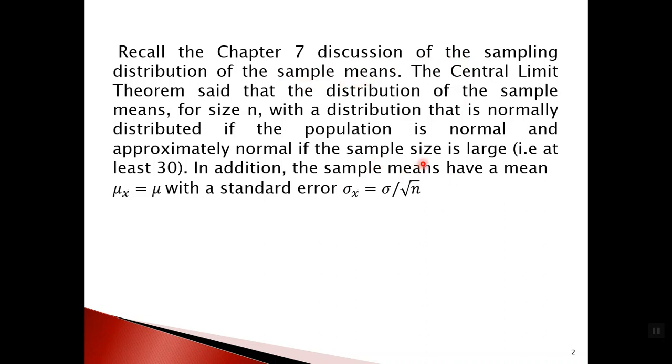At the end of that chapter, you learned that if our population is normal or approximately normal, and our sample size is large enough, then the mean of the sample means equals the population mean, and the standard error, sigma x bar, equals the population standard deviation divided by the square root of n.